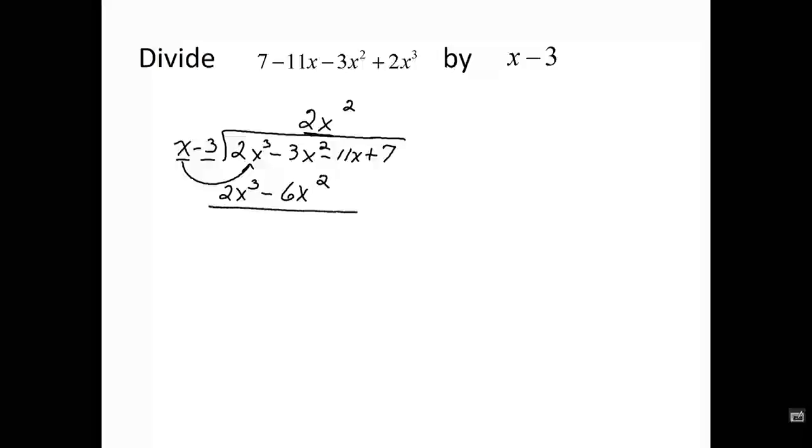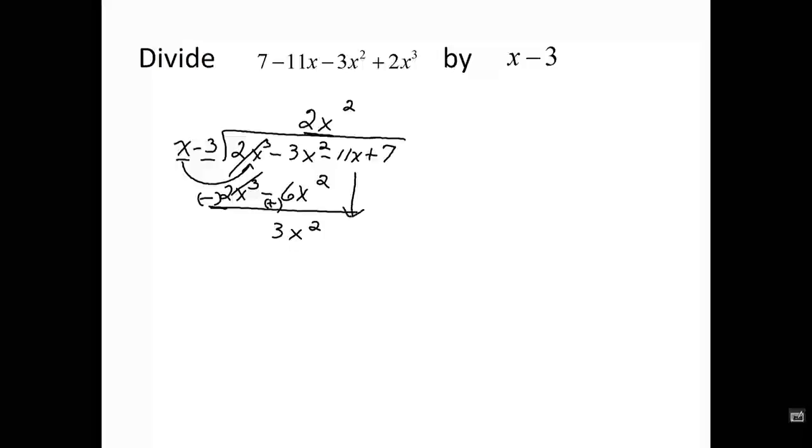Draw the line and subtract. Subtract by changing the signs here. So we have a negative 2x cubed and a positive 2x cubed, 0. A positive 6x squared plus a negative 3x squared is a positive 3x squared. Now bring down the next term.